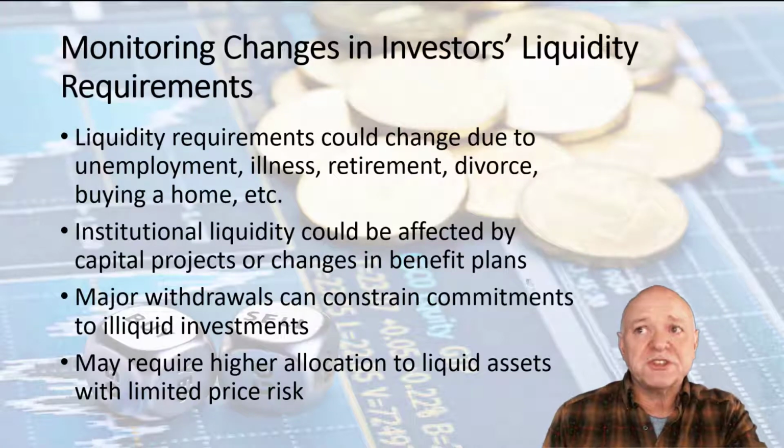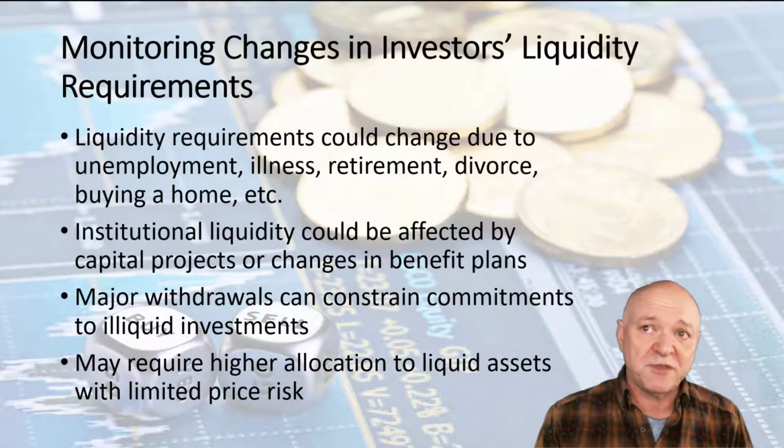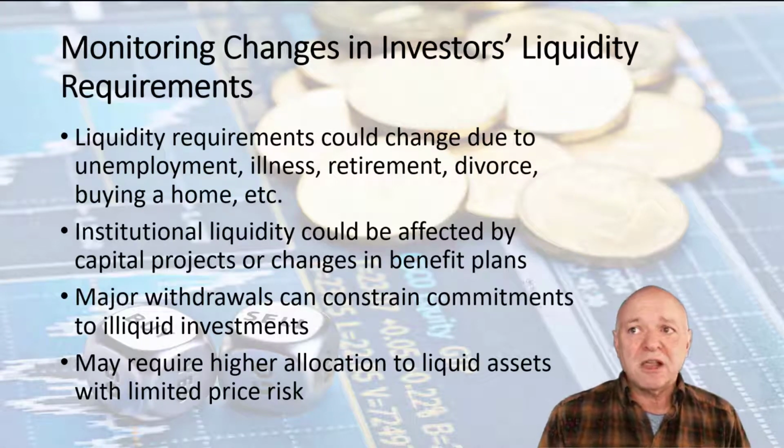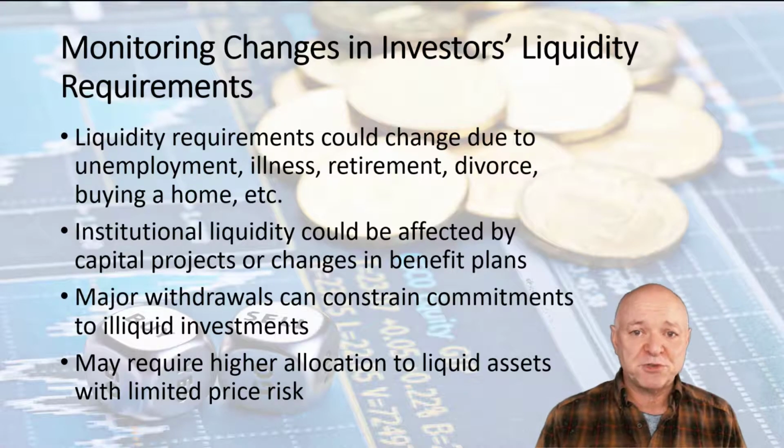Major withdrawals can constrain commitments to illiquid investments, like those alternative investments we've talked about earlier, and this may require a higher allocation to liquid investments and limited price risk, certainly some price risk.